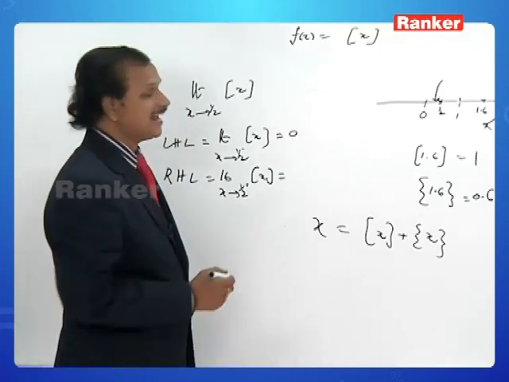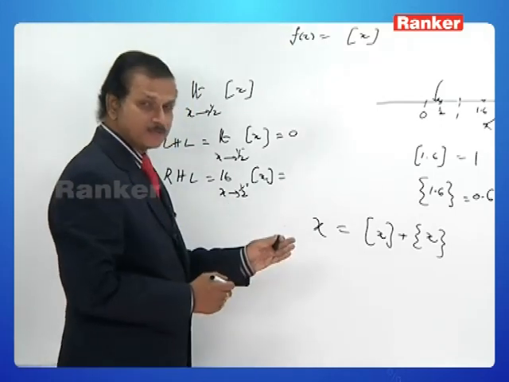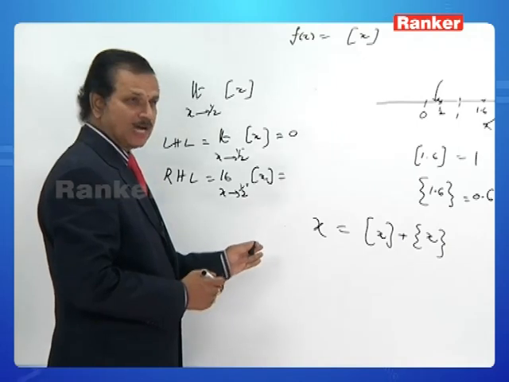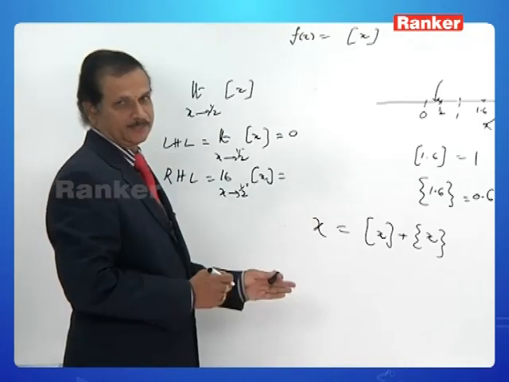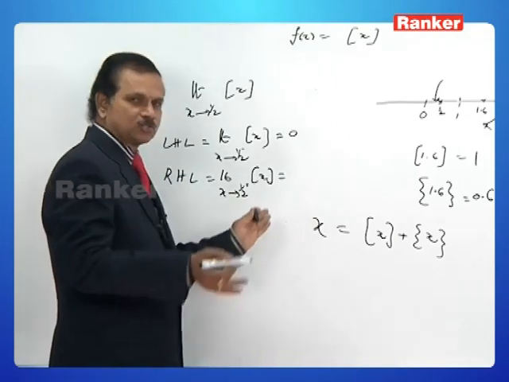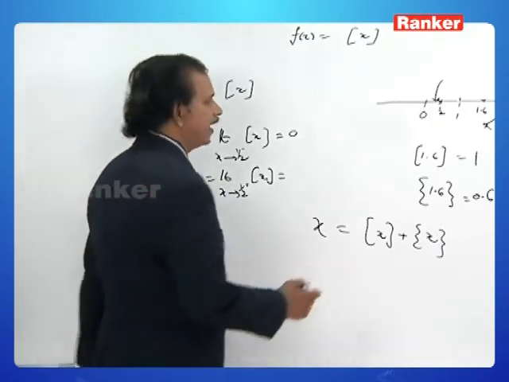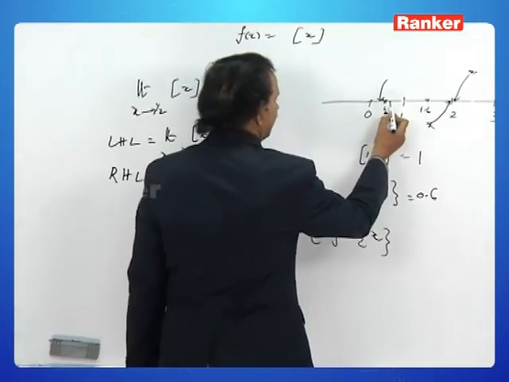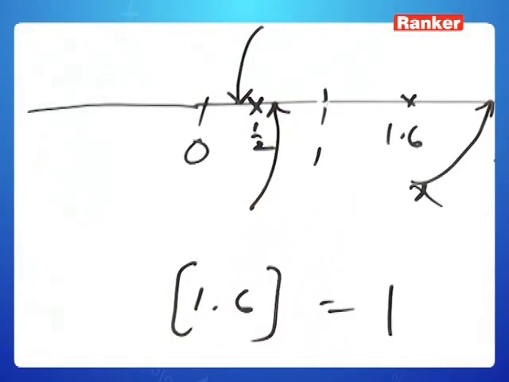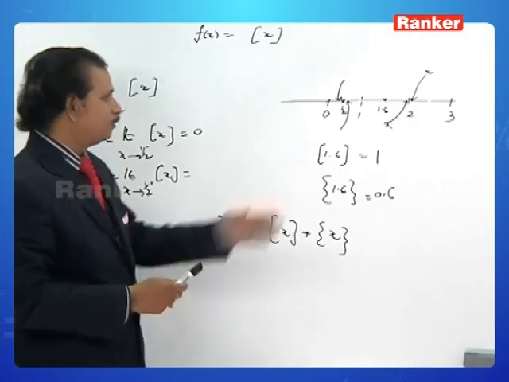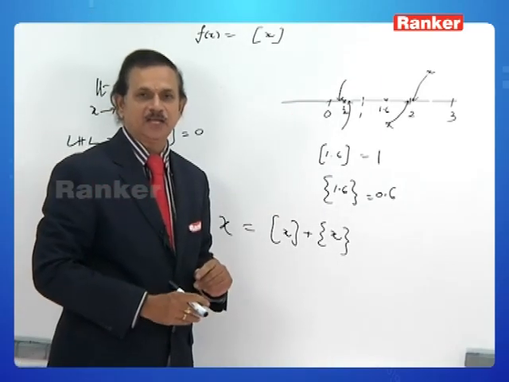What about the right hand limit? Right hand limit means x tends to half from the right side. That is, it is supposed to lie to the right of half, meaning more than half. It may lie somewhere here. The exact point is half, that is 0.5.